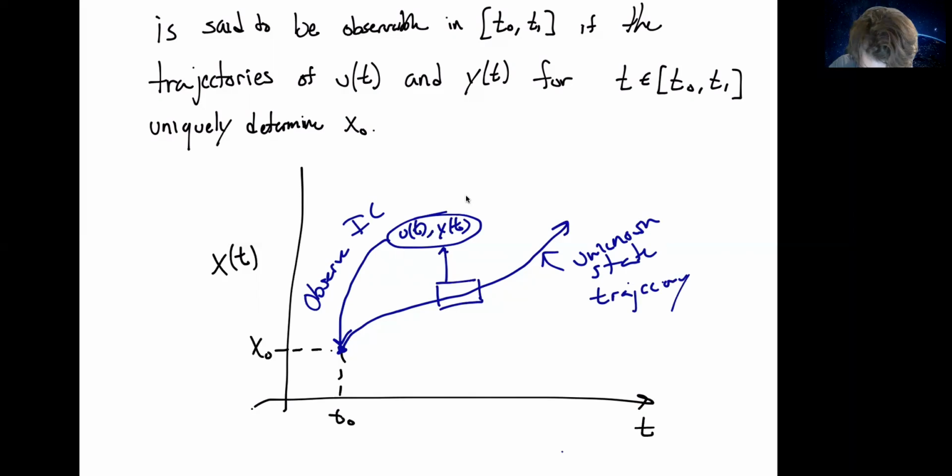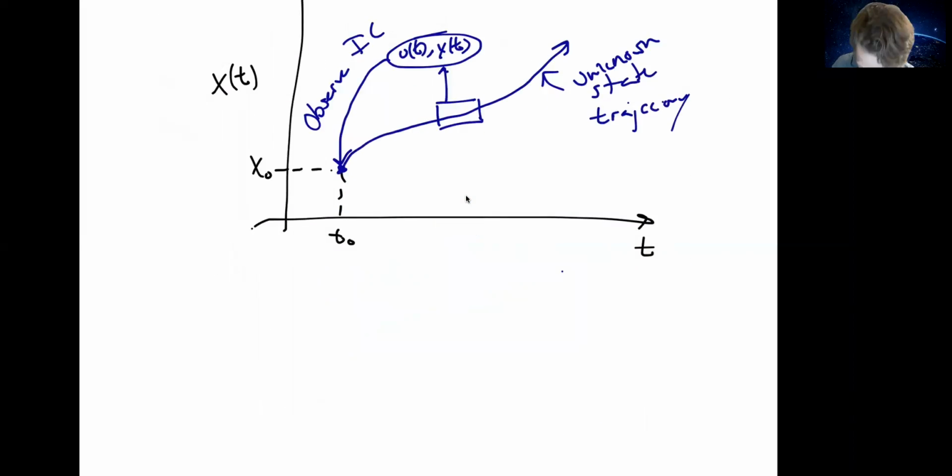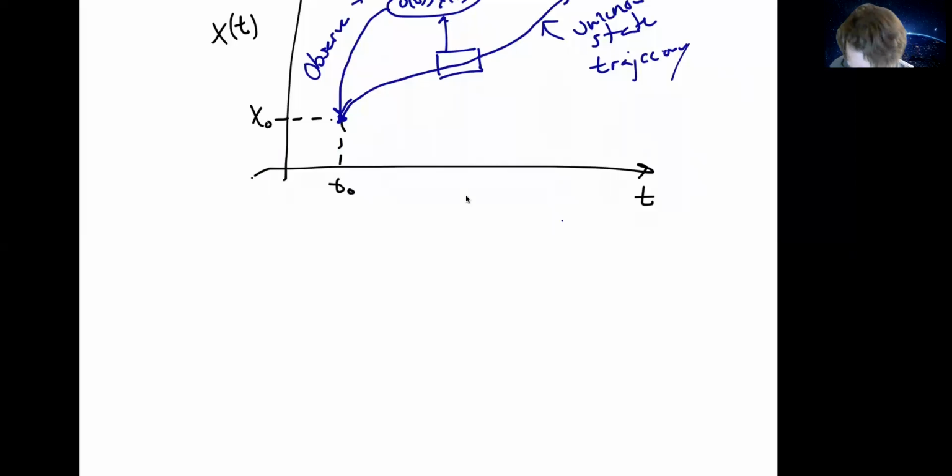Great. So now how do we determine whether or not our system is observable? Well, it turns out to be very similar to controllability. I'm not going to get into really the why, but one way to show why is using a duality argument, where you can say that one system is very similar to another system if you do some change of variables.